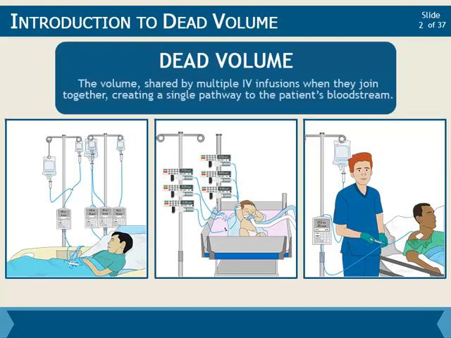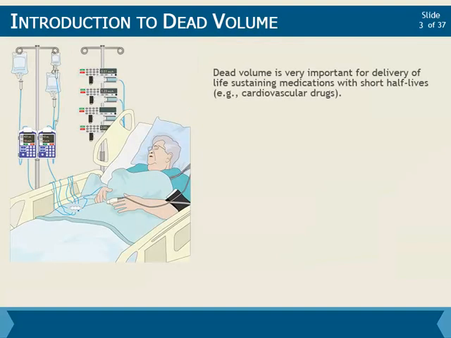Dead volume is the volume shared by multiple IV infusions when they join together, creating a single pathway to the patient's bloodstream. Being cognizant of dead volume is very important for delivery of life-sustaining medications with short half-lives, such as cardiovascular drugs.